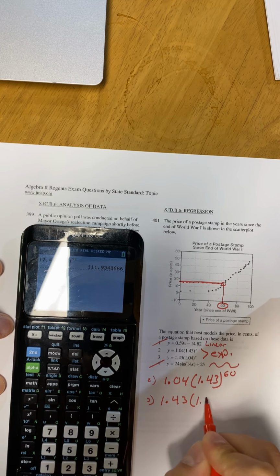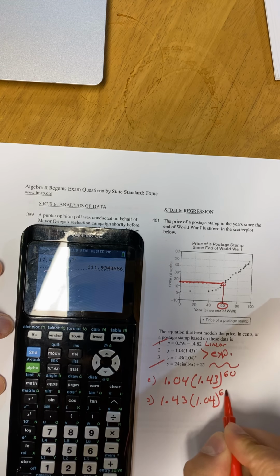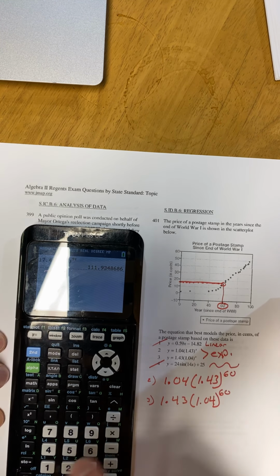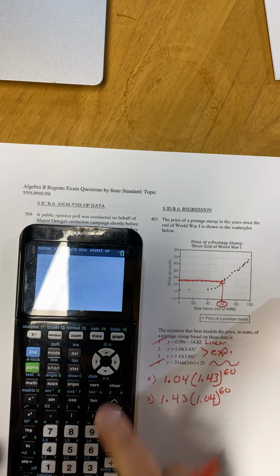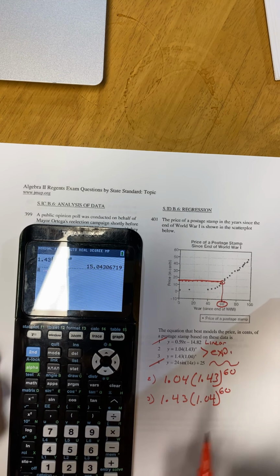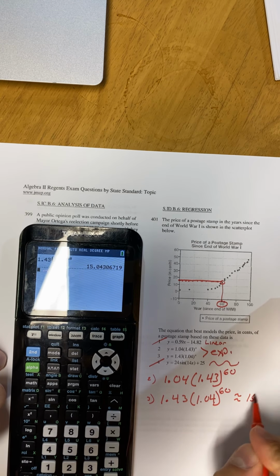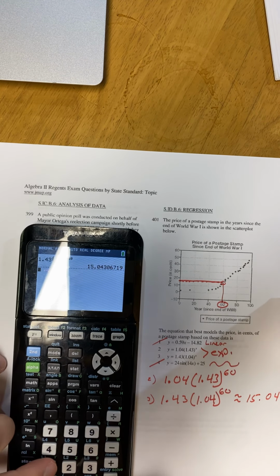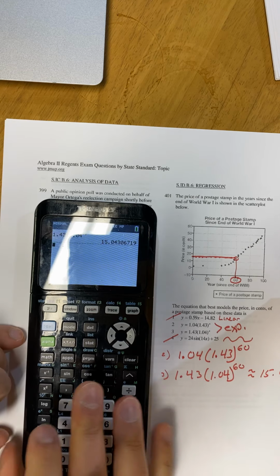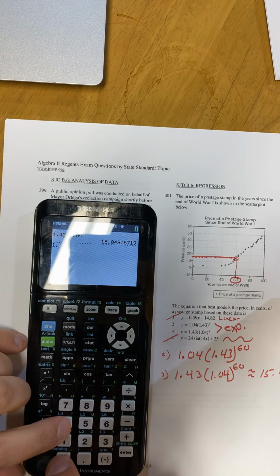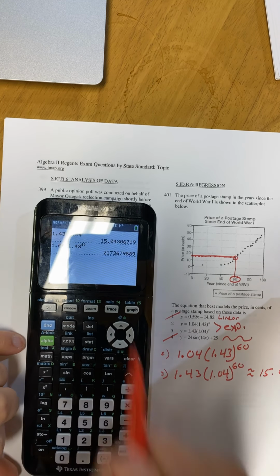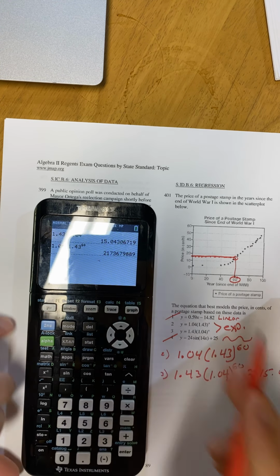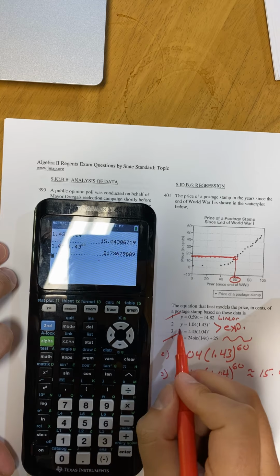I can't put the data in the calculator, so here, 1.43 times 1.04 to the 60th. That's about 15.04. That's probably it, but let's try the other one. 1.04 times 1.43 to the 60th. Whoa, it's certainly not it. So it's this one.